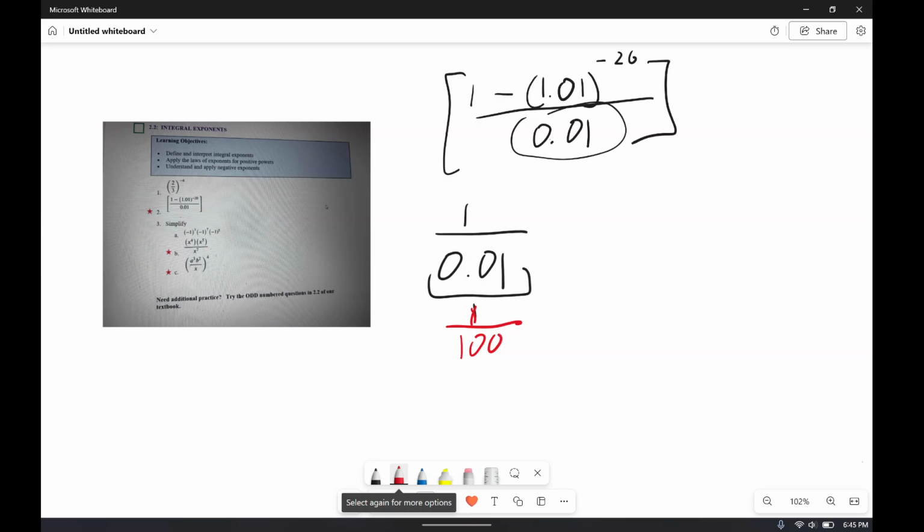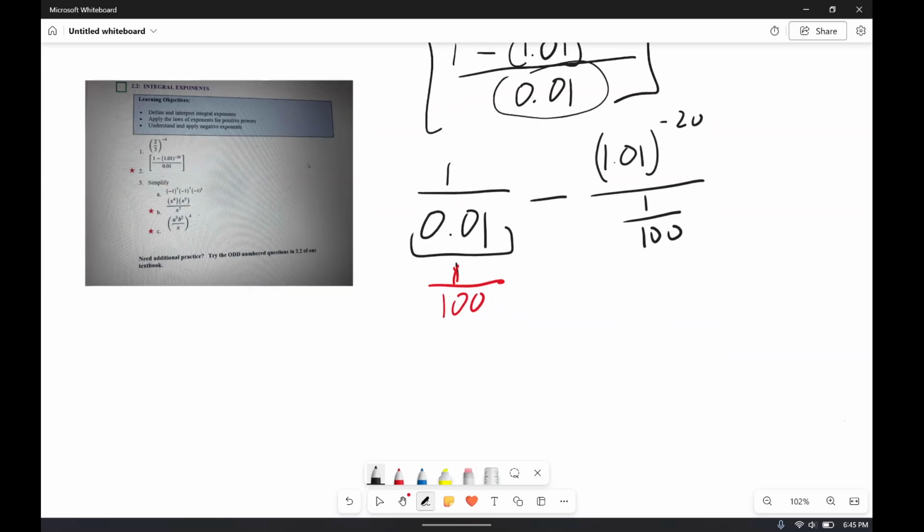So we have that. Then we're going to minus a 1.01 to the negative 20th power over 1 over 100. So here we see that we have 1 over 100 over 100, and this we just flip, so it'll just be 100. And then minus, we have a 1.01 to the negative 20th power.